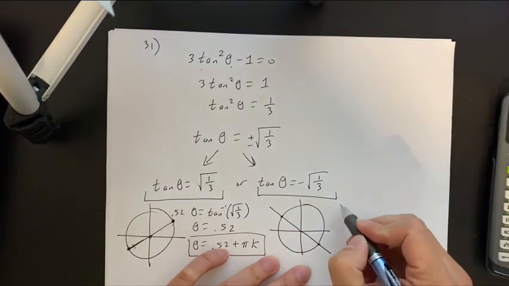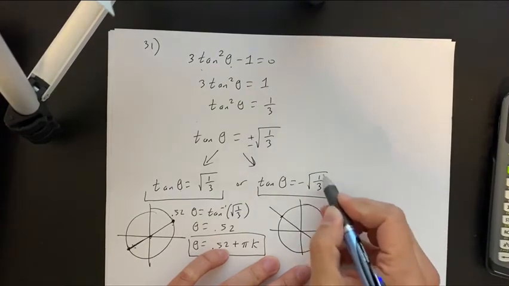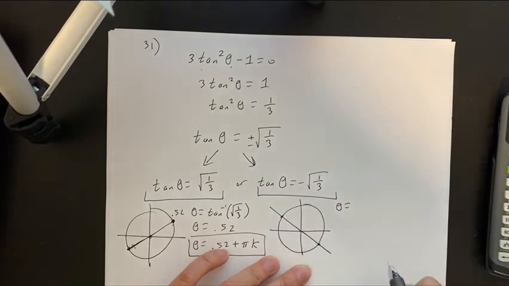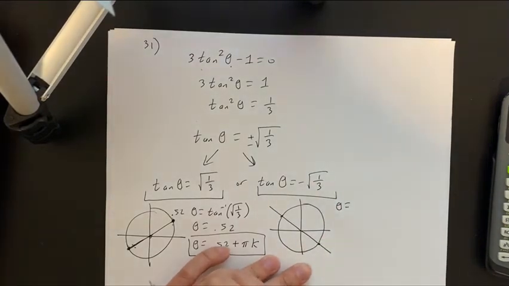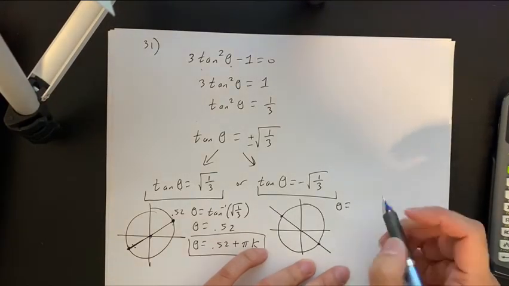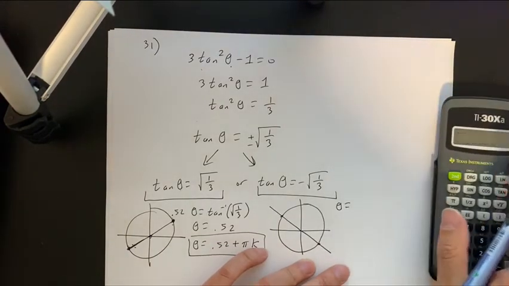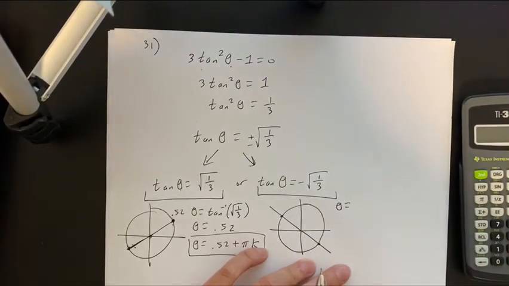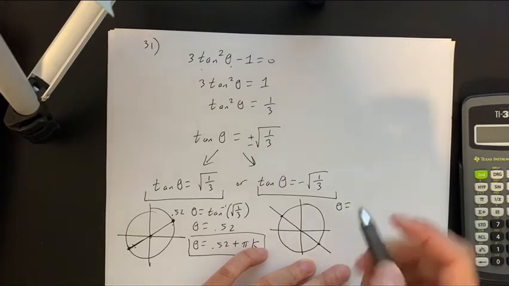In order to get a value for theta, I have to use my calculator because this value is not a very nice value. Or maybe it is a nice value. Let's see.